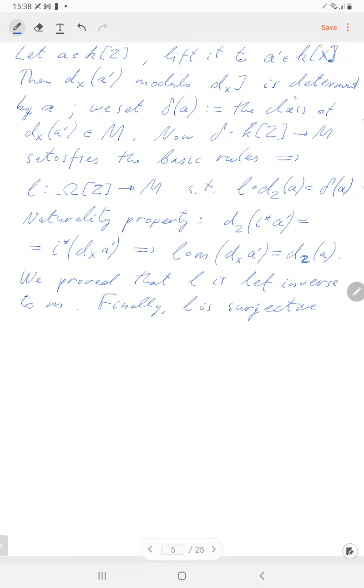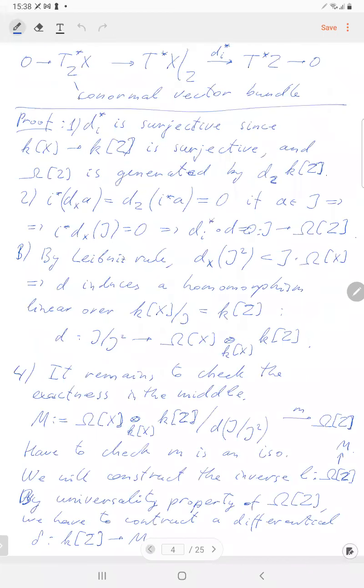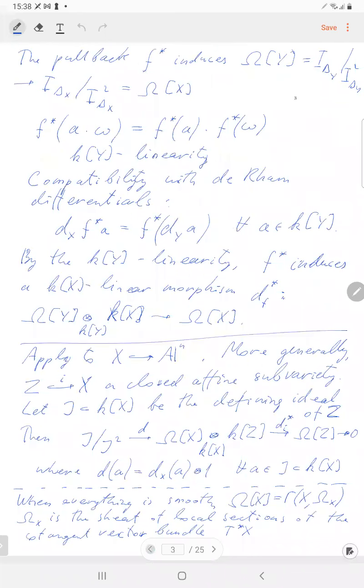But this is again by the basic property, since all the differentials dx of a prime generate M by construction, and the differentials dz of a generate Kähler differentials on Z. Okay, so we proved this property. It was a long proof, yeah, more than 1 page long.